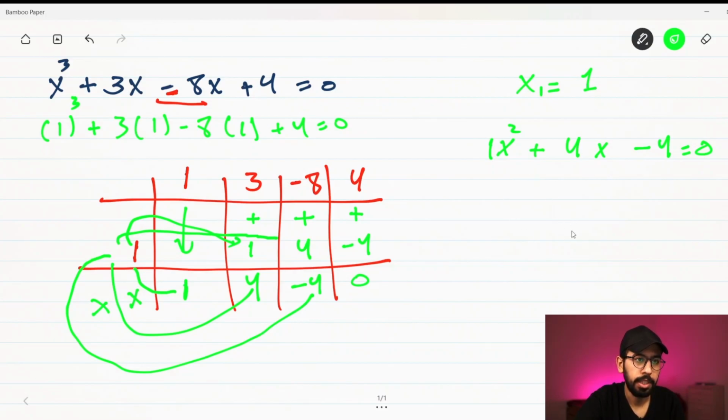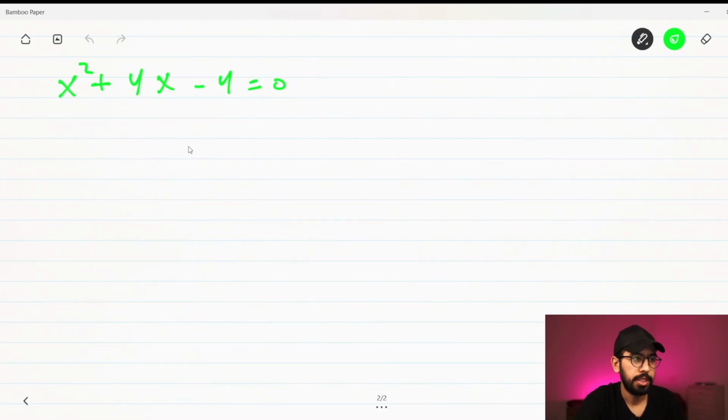So let's do it on another page. Now it is a normal quadratic equation, and we need to solve it with one of the methods, maybe factorization or the PQ formula or the ABC formula. By factorization, we cannot solve it because there are no two numbers that when multiplied give us minus 4 and when added give us 4. There are no numbers like that.